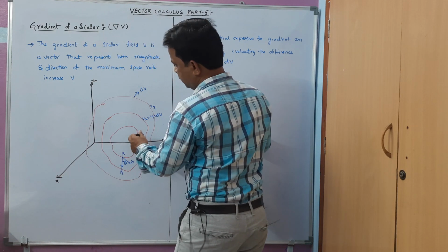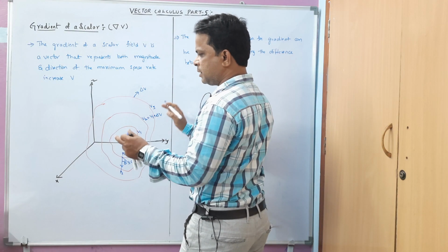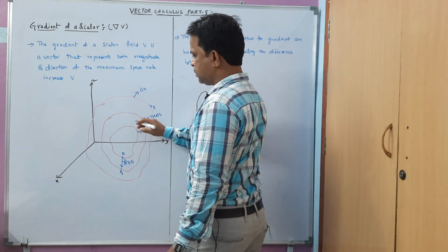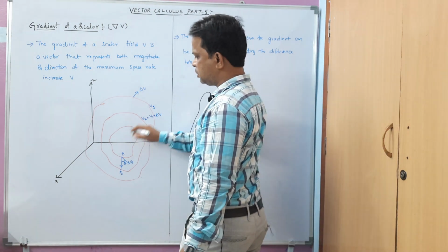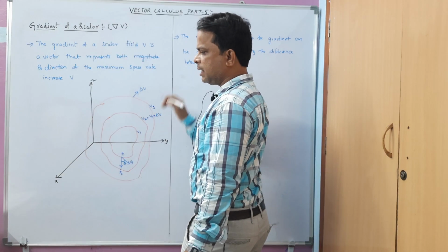Here we have the fields V1, V2 and so on. As the maximum space rate of increase, there is a field dV here. The difference between these contours V1 and V2 is constant; delta V is a constant increase here.